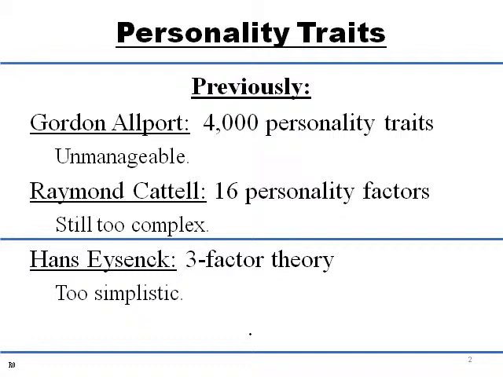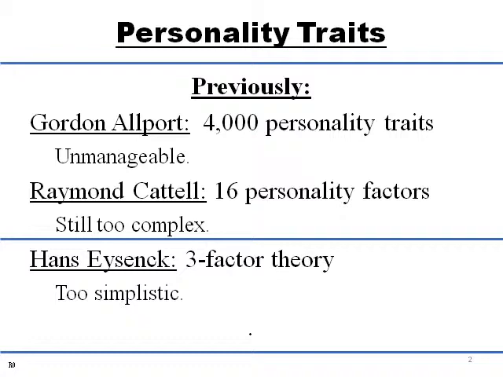Then Raymond Cattell in the 1940s went back over Allport's list, and he used factor analysis and got the list of over 4,000 down to 16 personality factors. This is still a little unwieldy. We move from there to Hans Eysenck, who was British, and in the late 40s, early 50s, came up with what he believed were three universal traits.